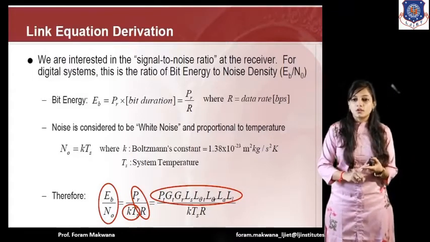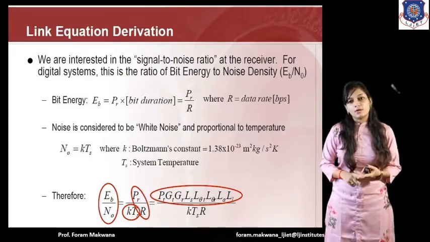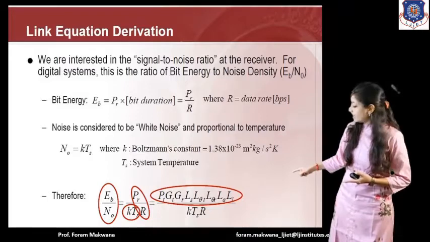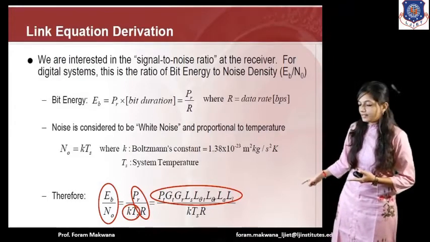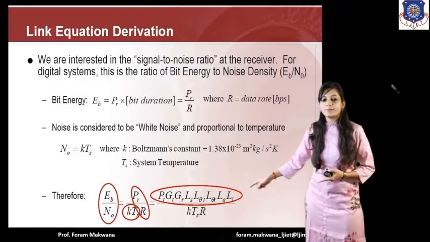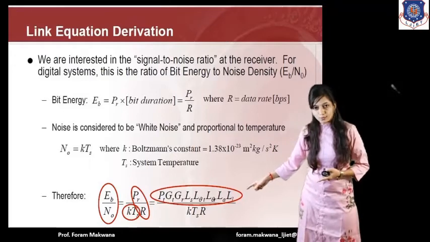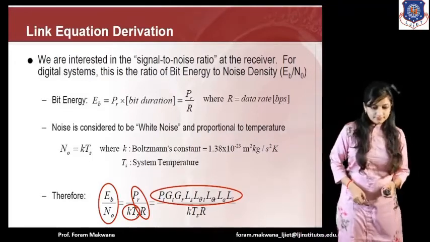We need to consider all the losses: atmospheric absorption, antenna pointing loss, and the cable loss. So over here, PT GT GR into LS, that is path loss. L theta T into L theta R, that is antenna pointing loss. LA represents atmospheric absorption, and LL represents the cable loss, right?